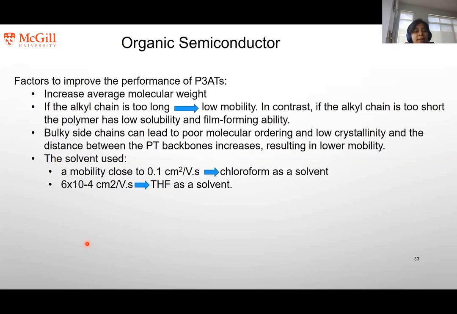As an example, if someone uses chloroform as a solvent, they get a mobility of around 0.1. If someone uses THF as a solvent, they get a mobility of around 6 times 10 to the power minus 4. So you can see that it really does matter what you use as a solvent.